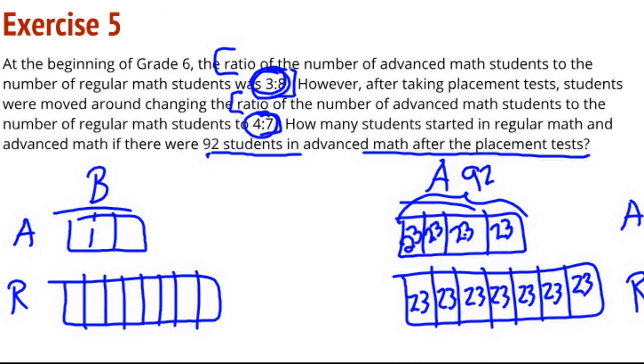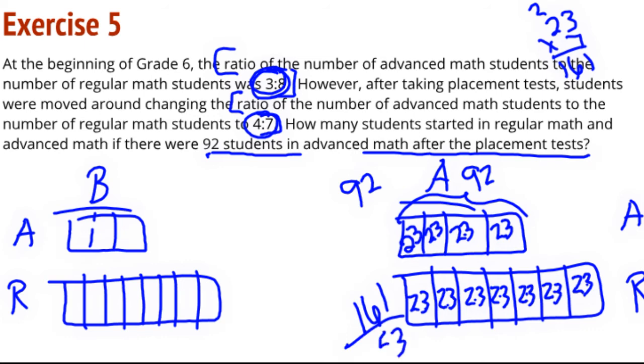So I could calculate the total number of students at this point. So I have my 23 times 4 that gave me 92, and I've got 23 times 1, 2, 3, 4, 5, 6, 7. 23 times 7. And I've got 161 there, and I could add them together and find out there were 253 students. And that transfers over to the before situation.